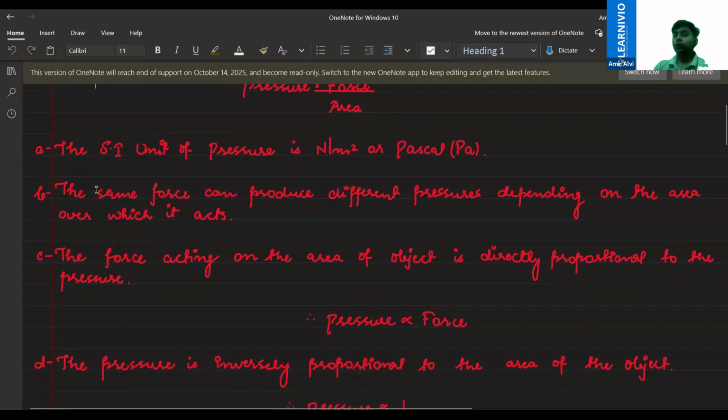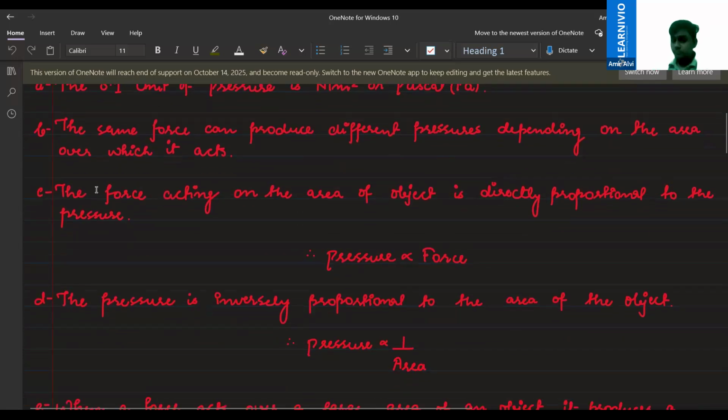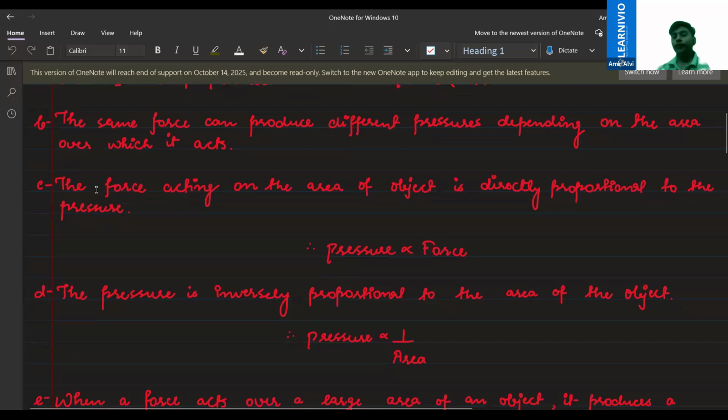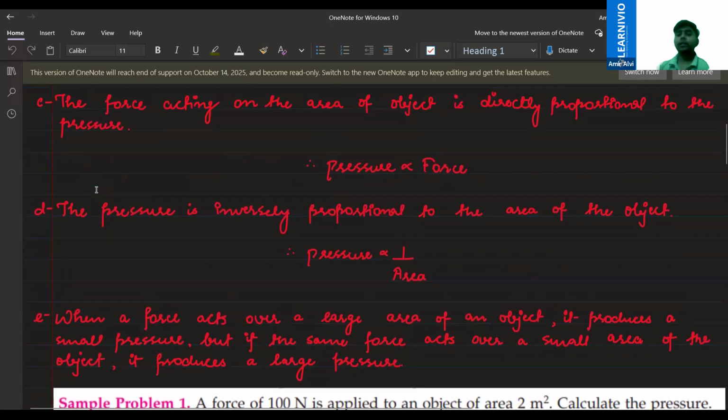So the pressure is directly proportional to the force. If you increase the force, the pressure would increase. Area is inversely proportional to the pressure. That means if you increase the area, the pressure would be small, and if you decrease the area, the pressure would be high. When a force acts on a large area of the object, it produces a small pressure, but the same force acting on a small area would produce large pressure.